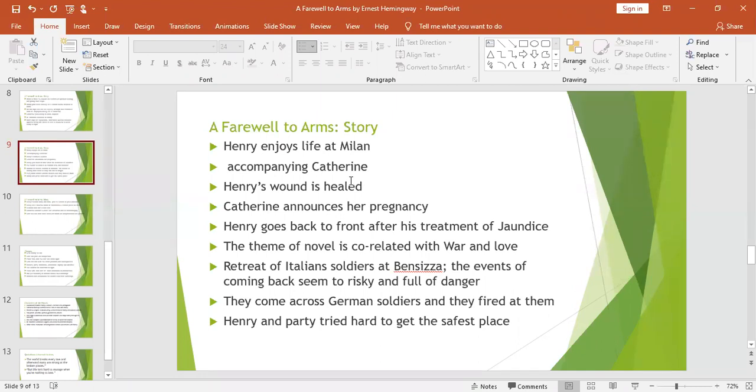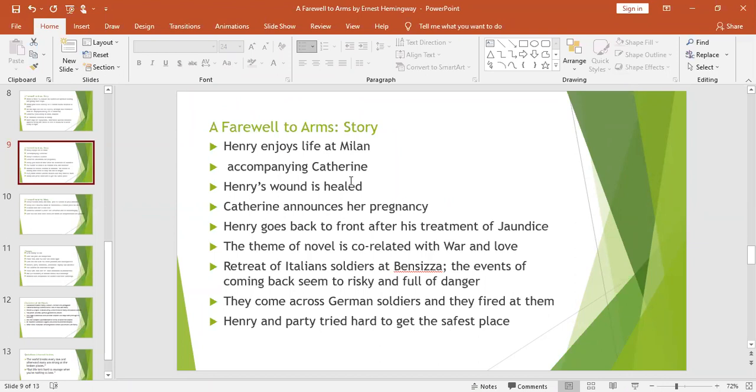There is a retreat of the Italian soldiers, and the American soldiers go back, and they want to reach Milan, where they can feel that they will be safe.